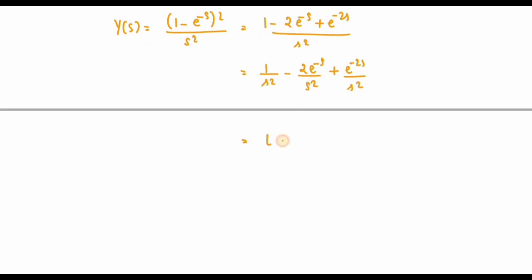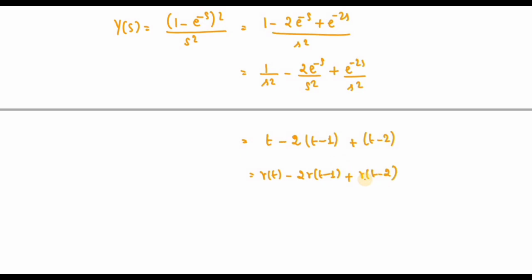So this is nothing but t minus 2 into t minus 1 plus t minus 2. Okay. So instead of t, I am going to write it as r of t. R of t minus 2 of r of t minus 1 plus r of t minus 2.